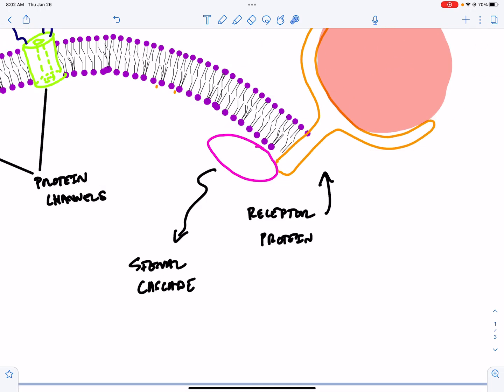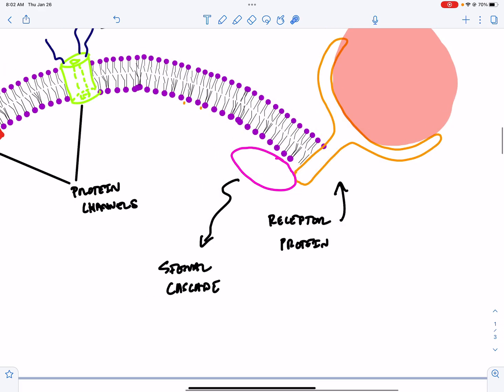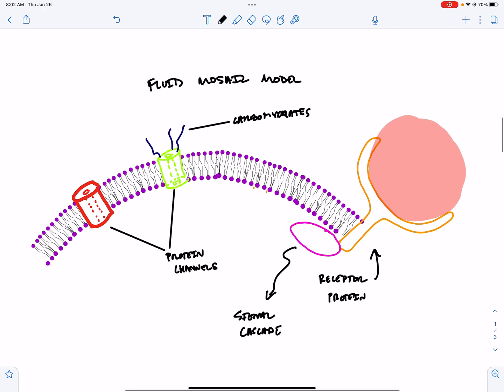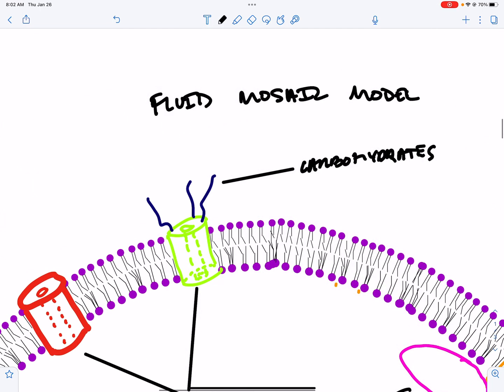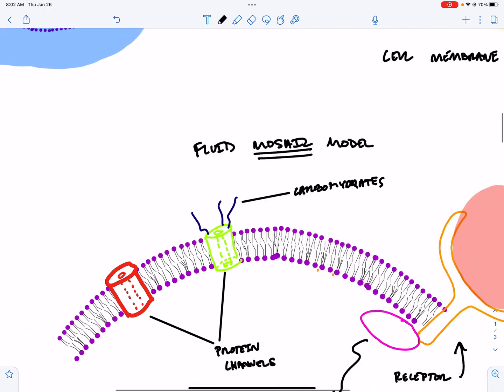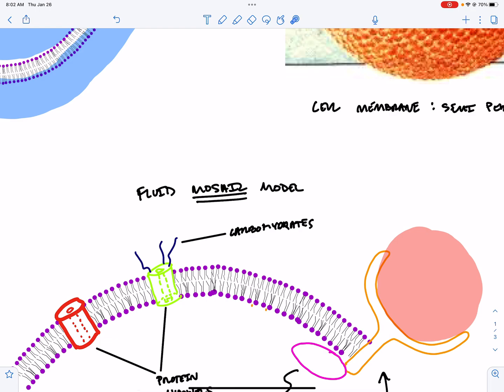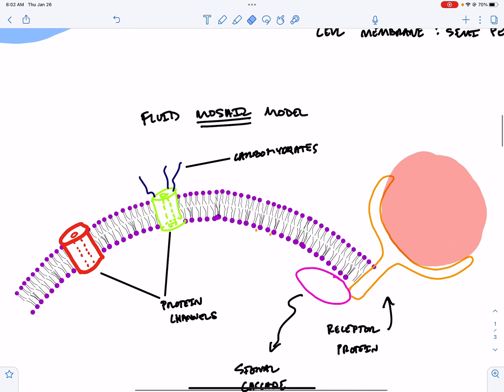And then maybe there'll be some sort of change in gene expression. Okay, so we'll talk more about all of these ideas later, but I wanted to give you this idea that the cell membrane is not just phospholipids, it is a mosaic. And probably the only one of the big four that is not represented here is our nucleic acids. And even that, I'm not sure. We might argue that GTP, which we'll talk more about later, is involved.